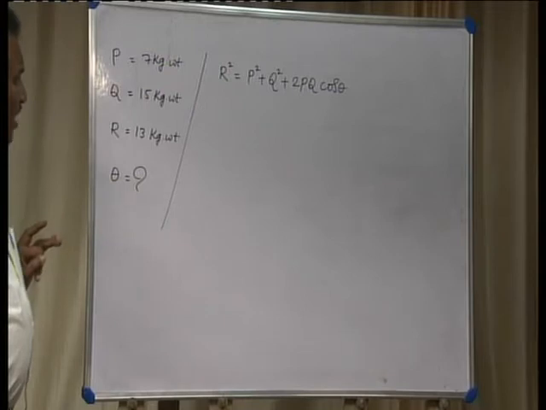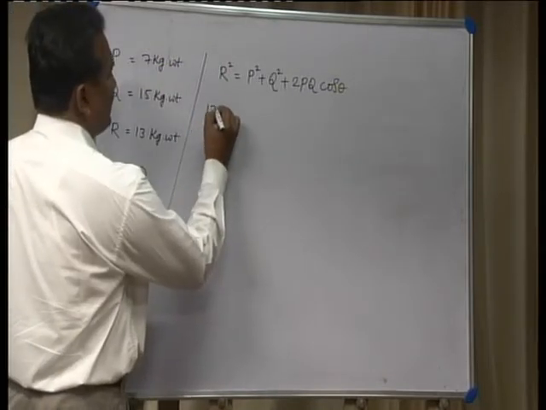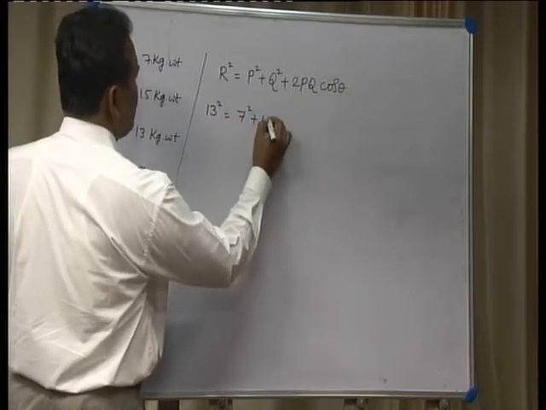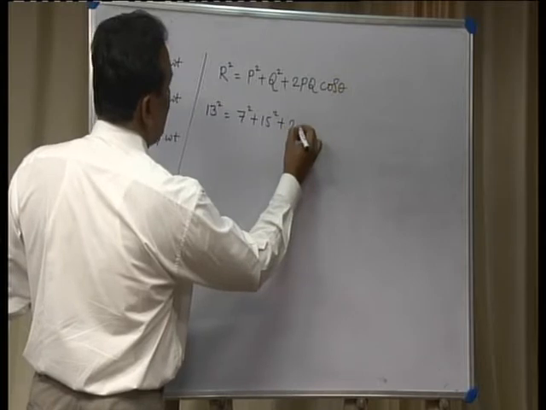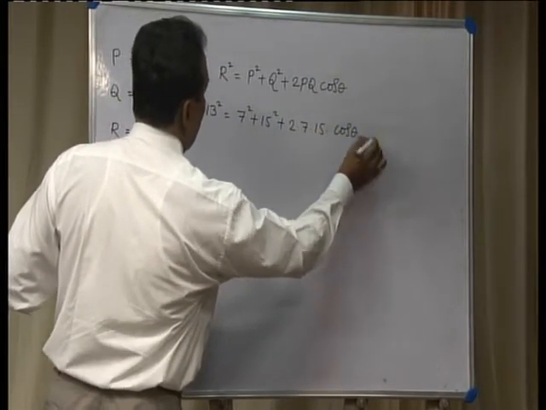Here we are required to find theta, is it not? R square means it is 13 square. So, P square plus Q square plus 2 into P into Q cos theta.